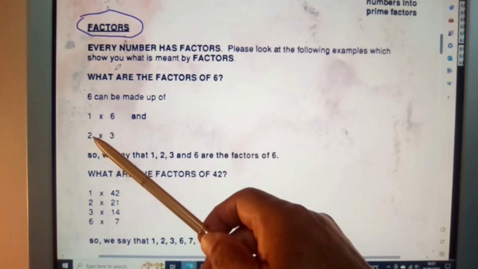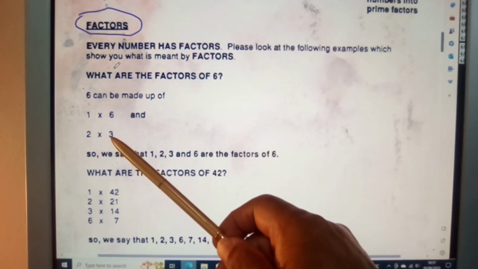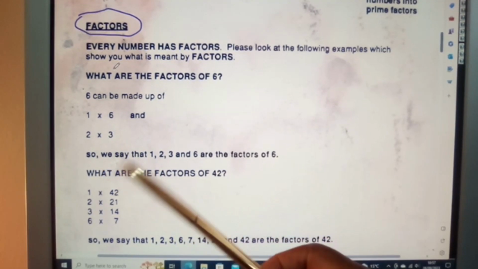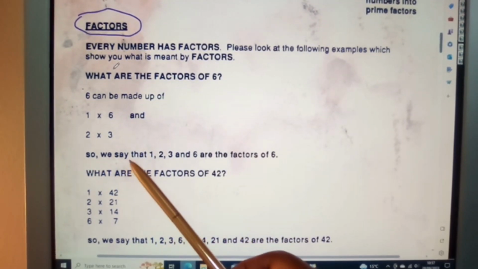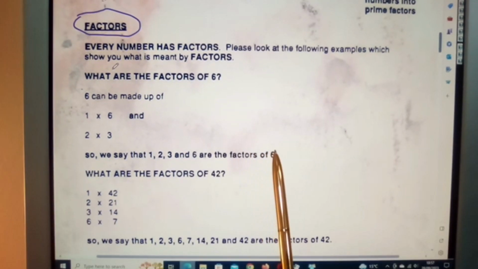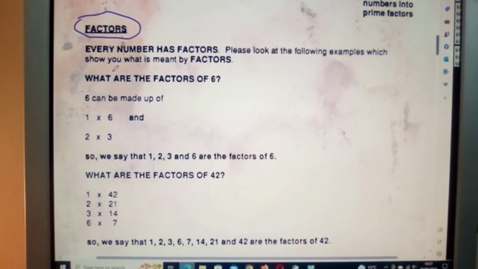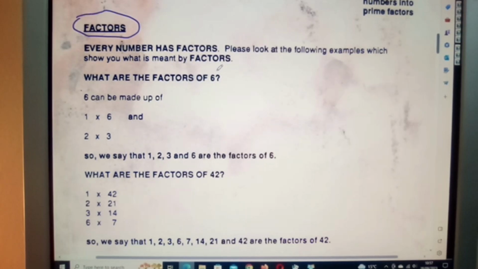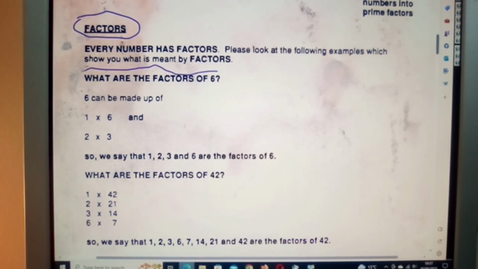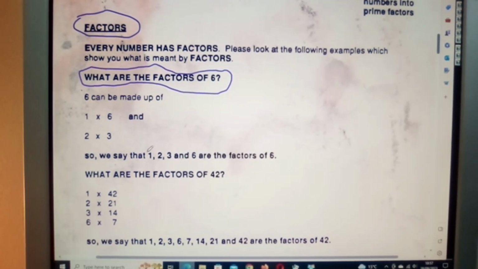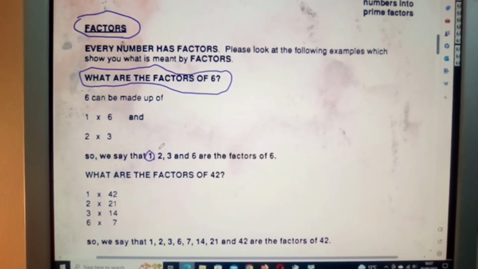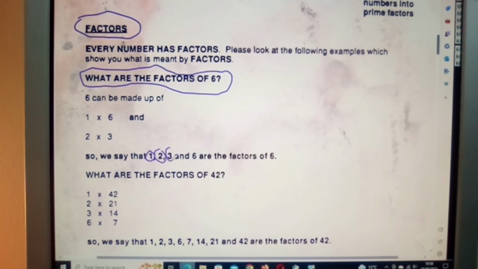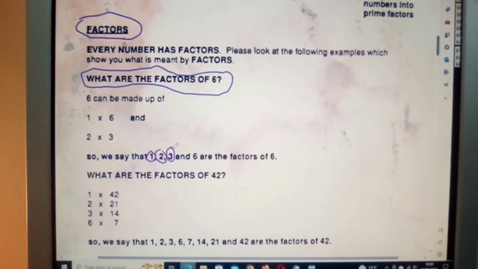So here we have 1, 6, 2, and 3. So we can say that the factors of 6 are 1, 2, 3, and 6 itself.